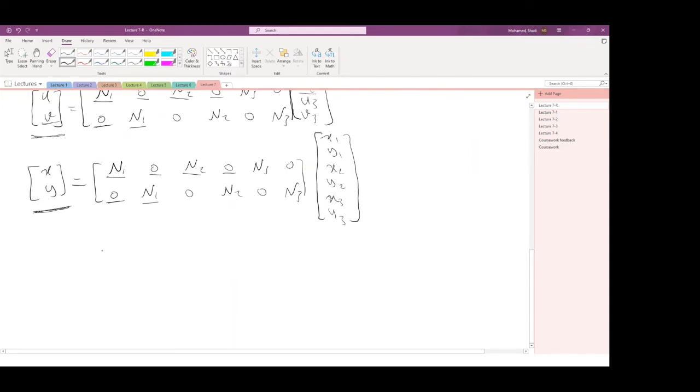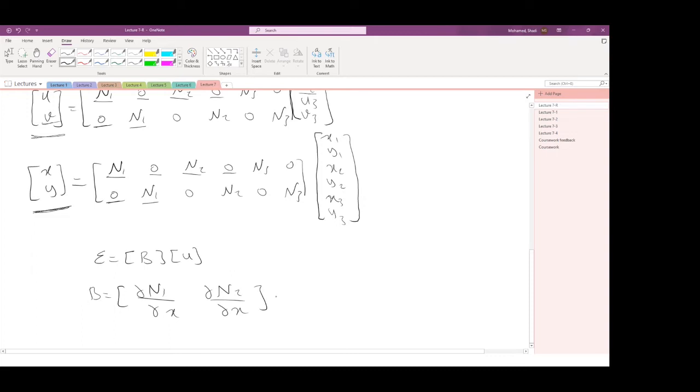So we said the strain is basically the B matrix multiplied by the displacement. Okay, and the B matrix is the derivative of n1 with respect to x, n2 with respect to x. We had only 2 nodes in this case, so this is the B matrix.